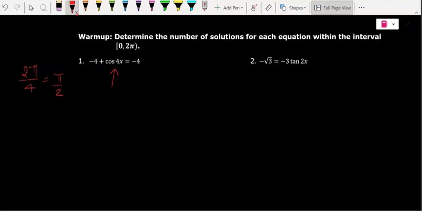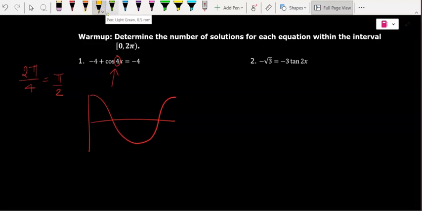So now what I've done is I've compressed my graph. I've compressed it by 1/4. Now what I originally had when I had my graph, I keep trying to draw a sine, it's cosine. What I have right here for this graph is my cosine from 0 to 2 pi, but it's no longer to 2 pi.